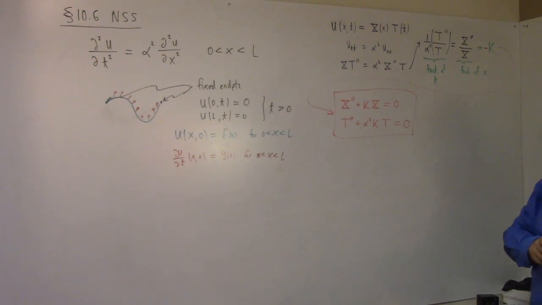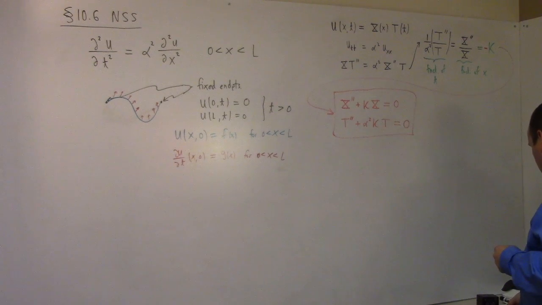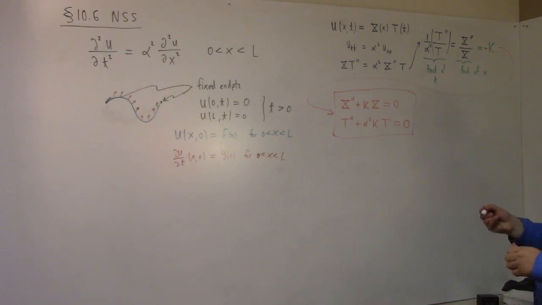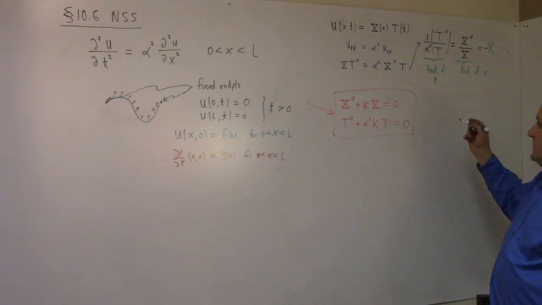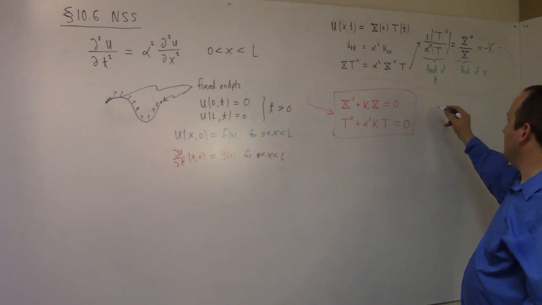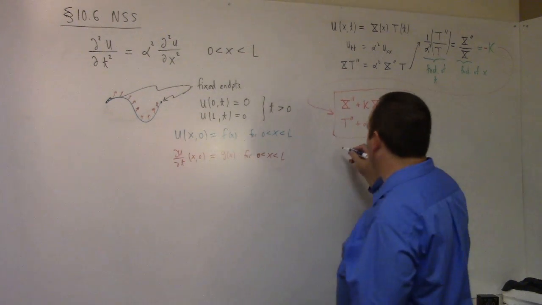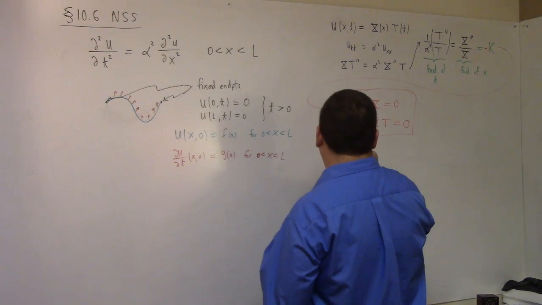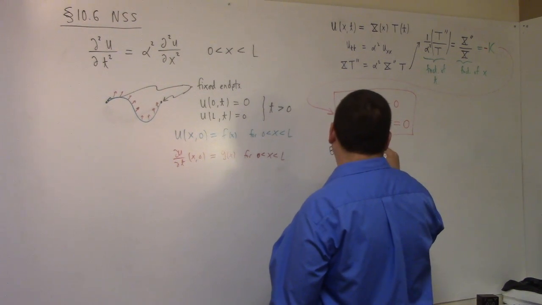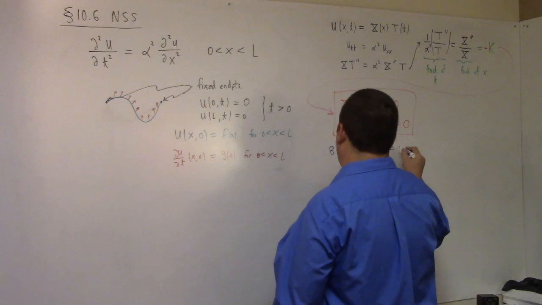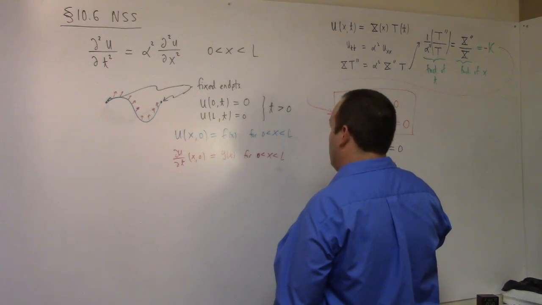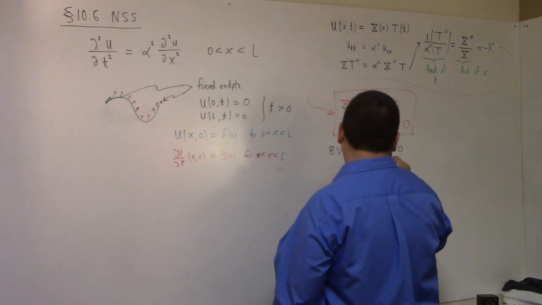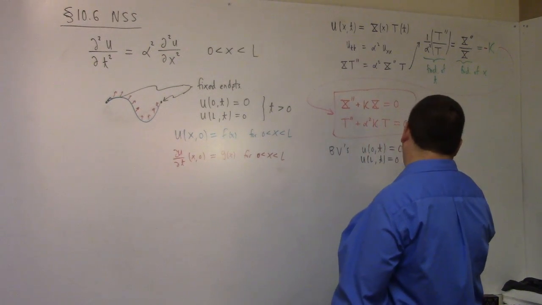Now, the boundary values, we have what? We've got u of 0, t equal to 0. We've got u of L, t equal to 0. What's that tell me, actually?